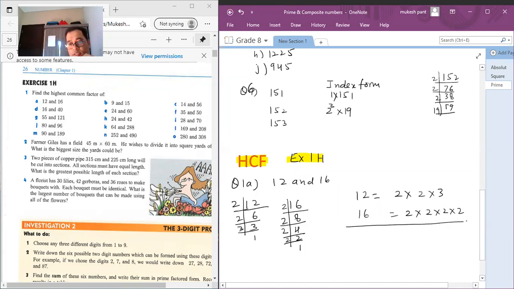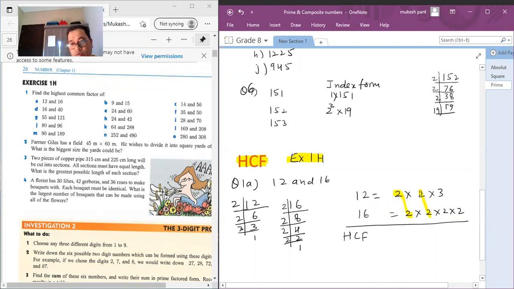Then for HCF, I will see the common factors. As you can see, this 2 is common here, this 2 and this one. So I will see the common factors in both. If we had 3 numbers, I would look for factors in all 3, but since we have only 2 numbers, we will take the factors which are present in both.